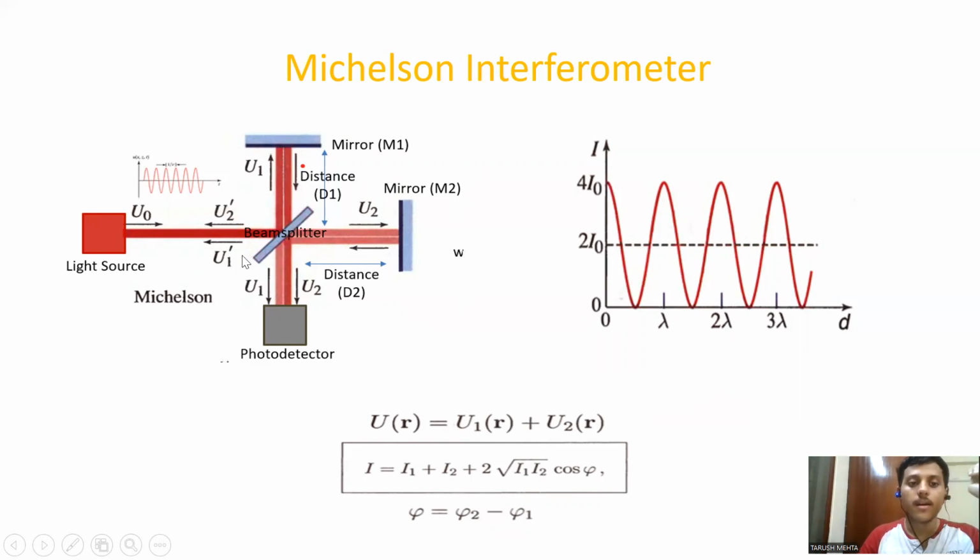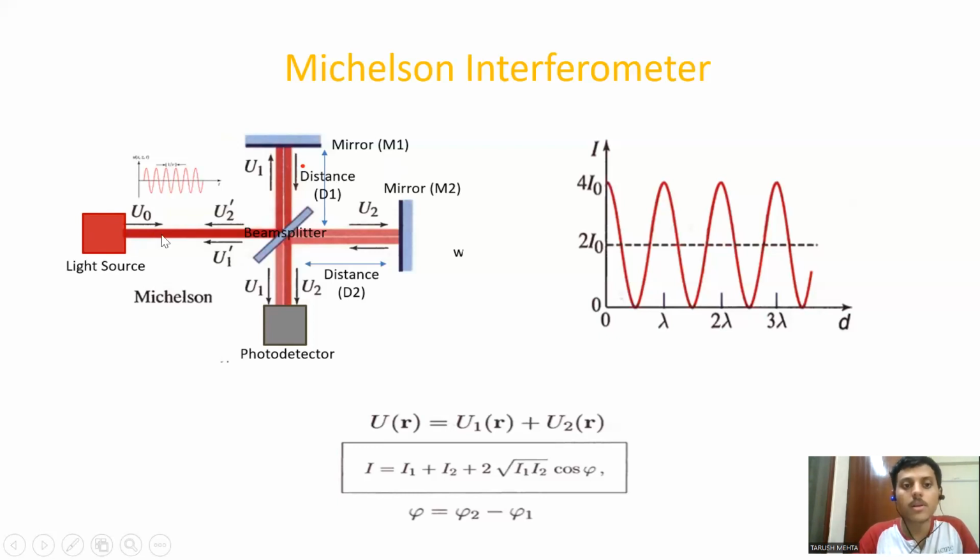As we can see here, a Michelson interferometer consists of a light source which emits light of intensity U0, and this light strikes a beam splitter.